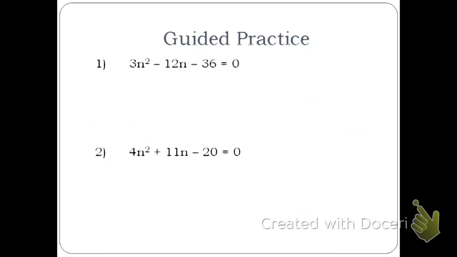Alright, question number 1. Again, our formula is... Hit the wrong button. There we go. Alright, the quadratic formula says x is equal to the opposite of b, plus or minus the square root of b squared minus 4ac all over 2a.